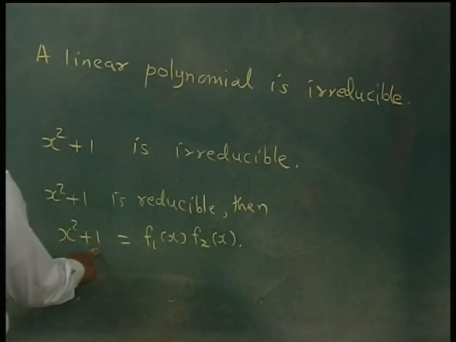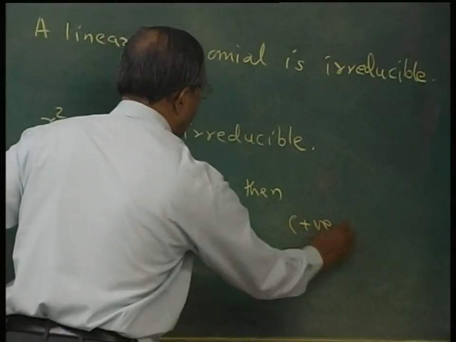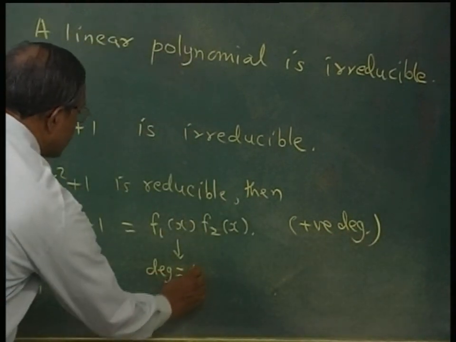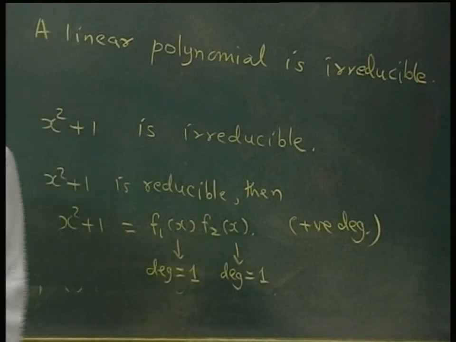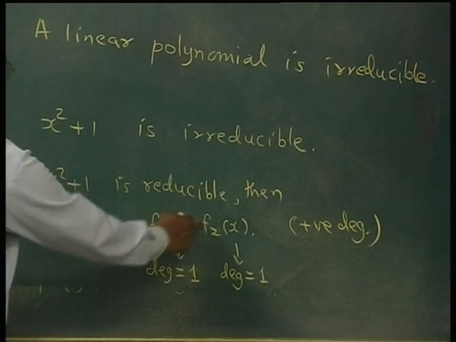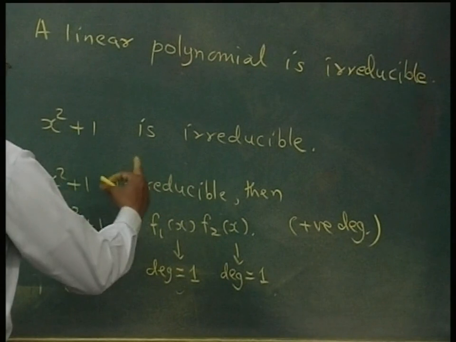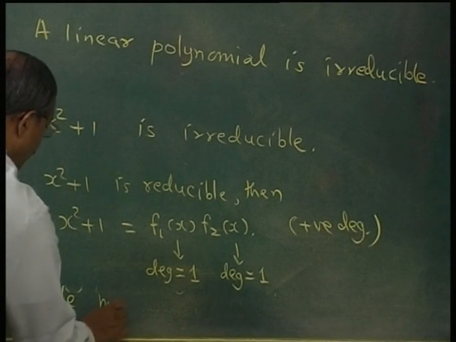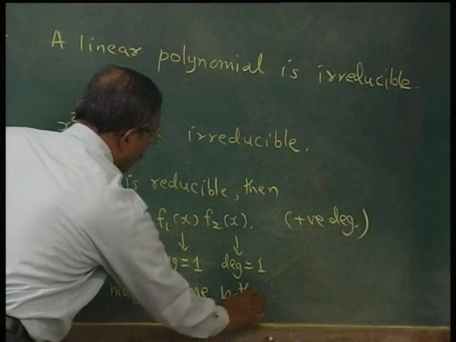Now degree of this is 2, therefore both are of positive degree, and degree of f1(x) must be 1 and degree of f2(x) must also be 1. Both are degree 1 polynomials. There may be some leading coefficient and we can absorb the leading coefficient of one into the other and make both monic. So we may assume both monic.